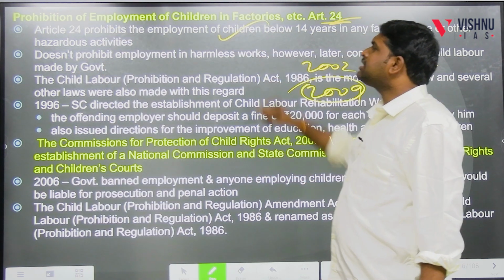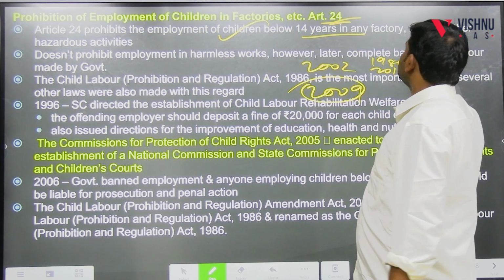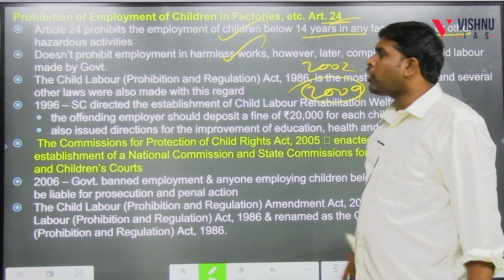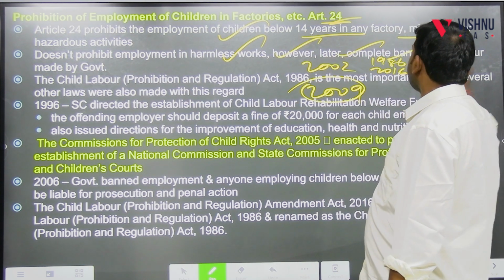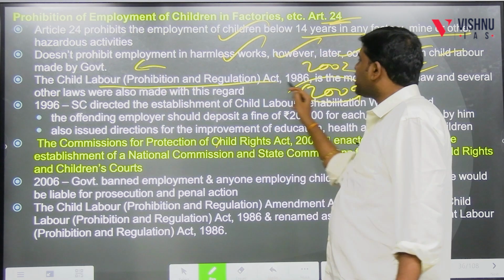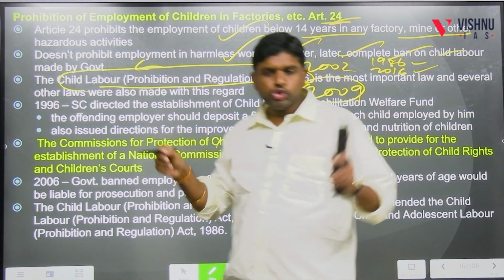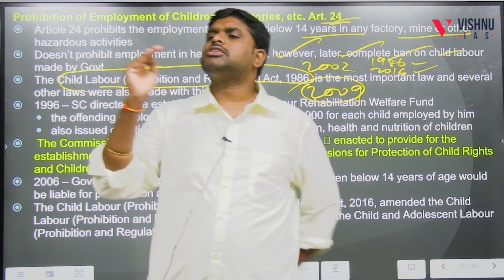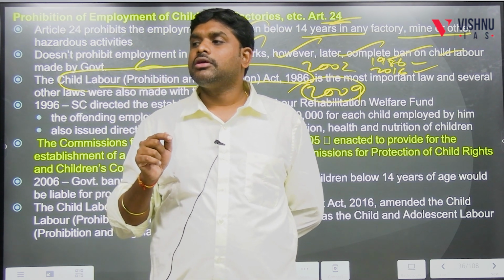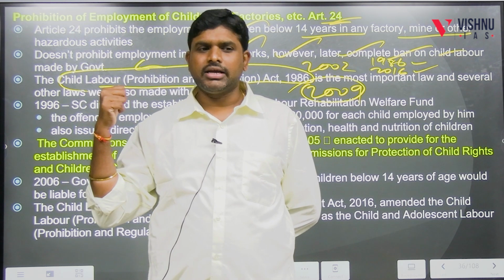Article 24 prohibits the employment of children below 14 years in any factory, mine or other hazardous activity. It doesn't prohibit employment in harmless works. However, later a complete ban on child labour was made by the government, by the Child Labour Prohibition and Regulation Amendment Act. The Constitution said 14 years and below. Here child means which age? 14 years according to this article.